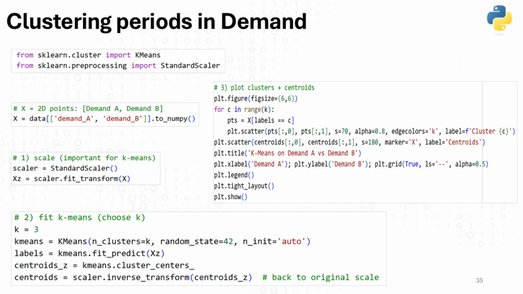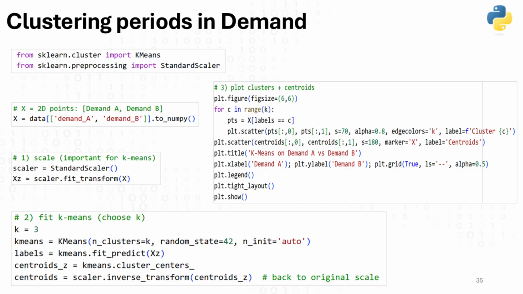However, because k-means is a distance-based algorithm, it is highly sensitive to the scale of the data. To ensure one product's demand doesn't unfairly dominate the distance calculation, we use the StandardScaler. This centers our data around 0 with a standard deviation of 1, creating a level playing field for the algorithm.